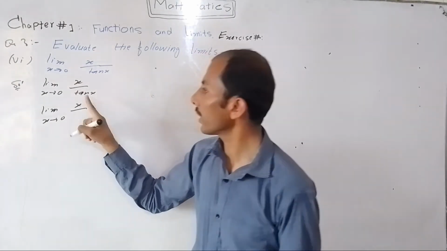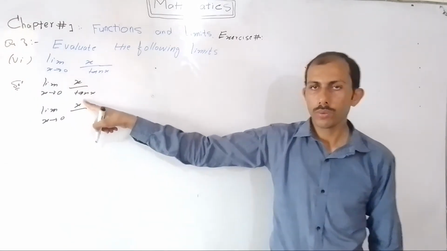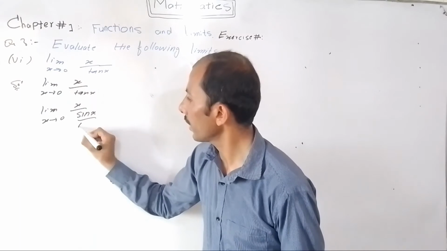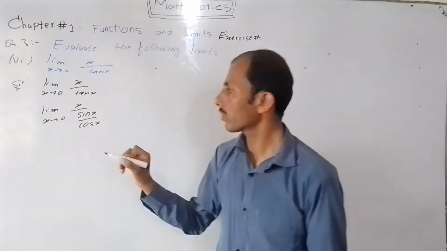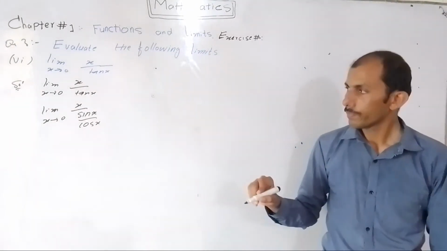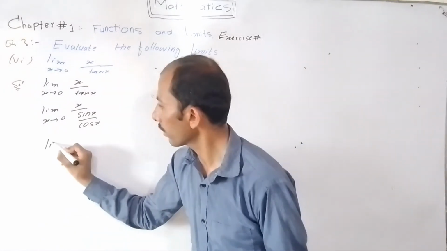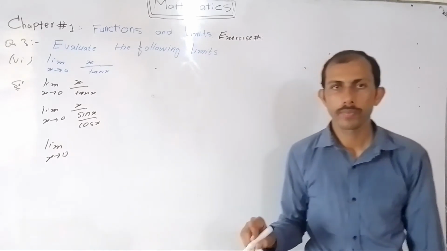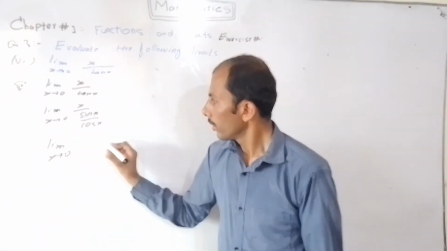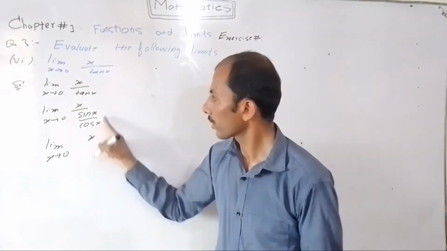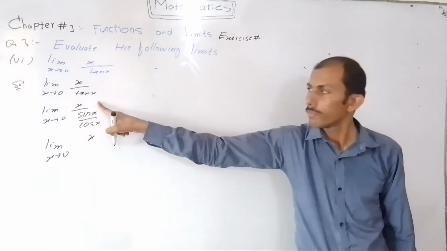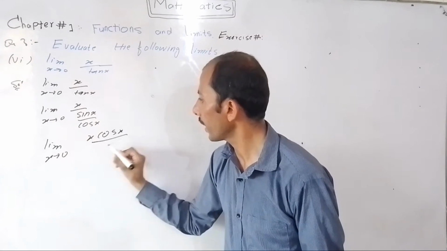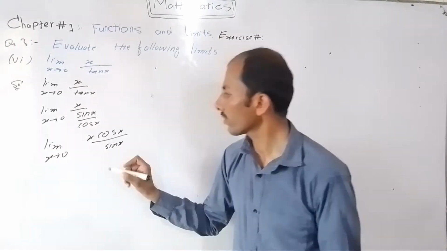Tan x can also be written as sin x divided by cos x. So limit x approaches 0, x divided by sin x over cos x, which is cos x divided by sin x.